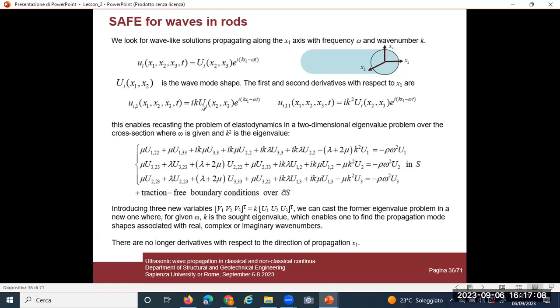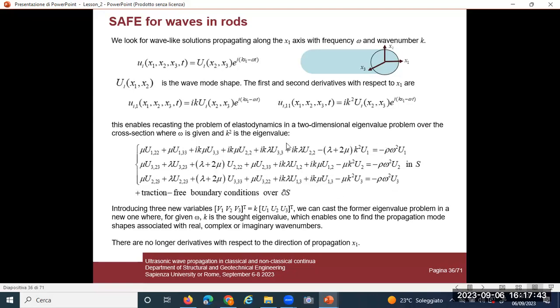It means that the displacement field in the cross-section is unaltered, while the total solution is just multiplied by ik. The second derivative, which comes from the equilibrium, is, oh, sorry, here there is a mistake. This is a minus k squared. Sorry, if you spot mistakes, just tell me.